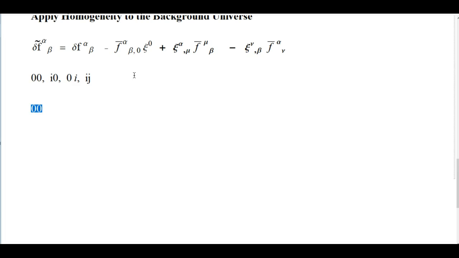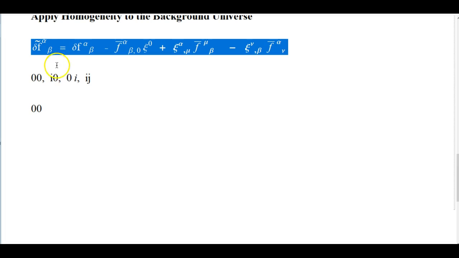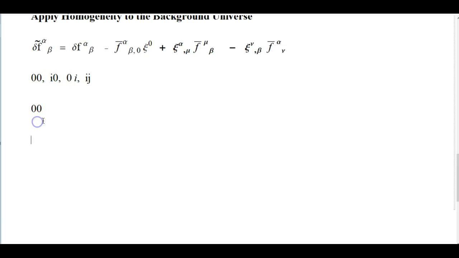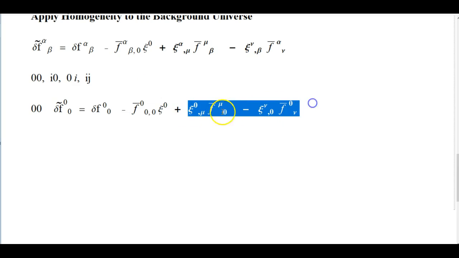Here alpha is 0 and beta is 0. Then mu and nu are two arbitrary indices.